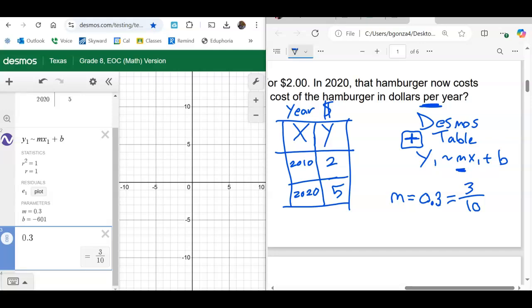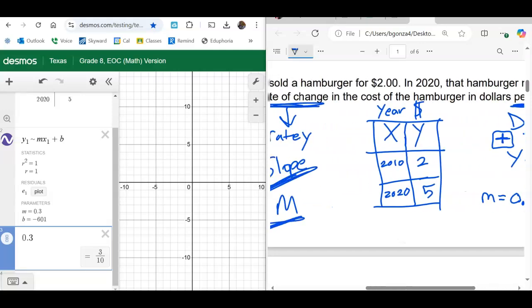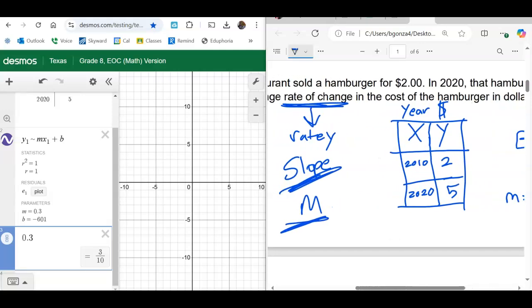Cool. Now, the other way you could have done this, the old-fashioned bird beak way, is on the sides, you take the change in y over change in x. You do the bird beaks, bottom minus top over bottom minus top.